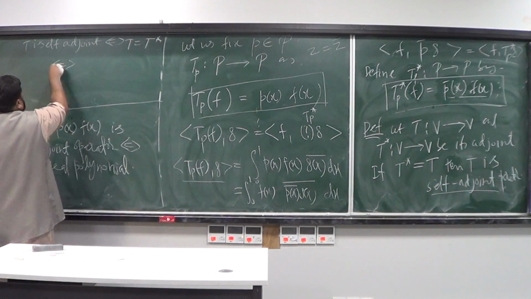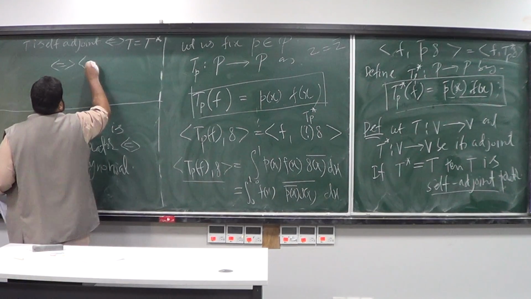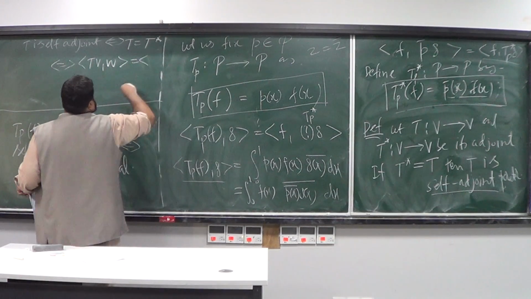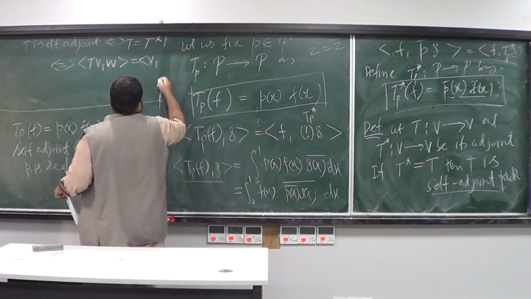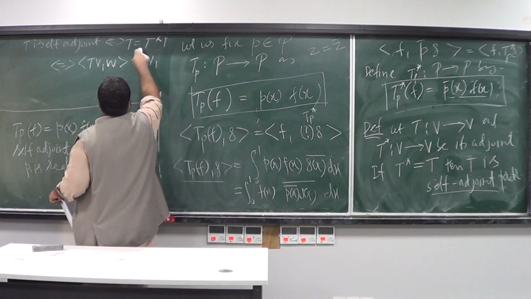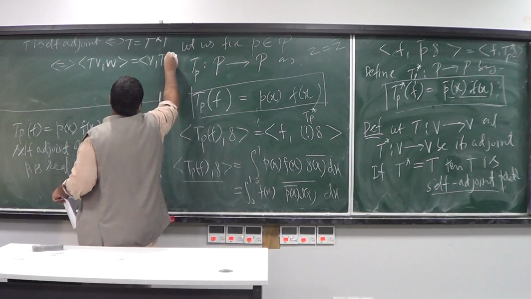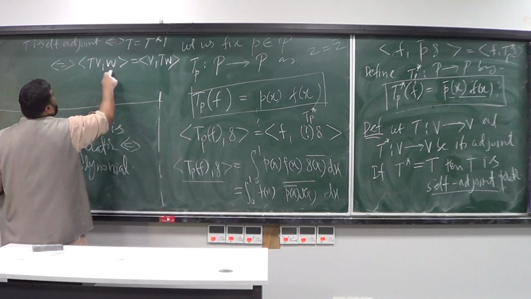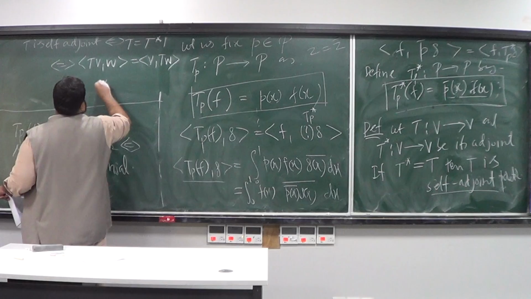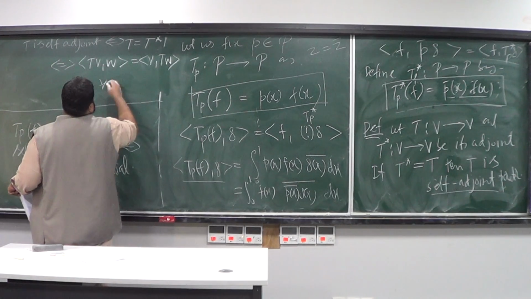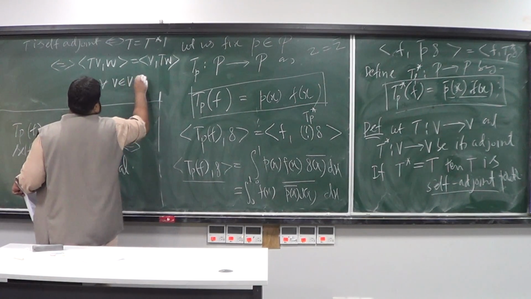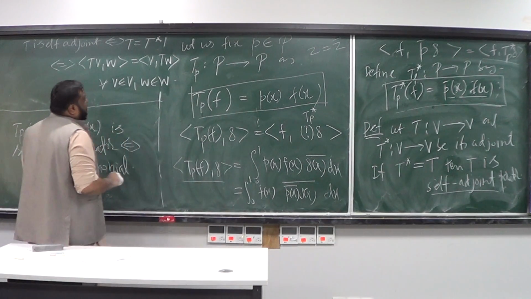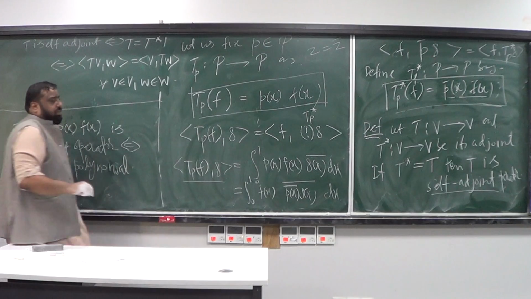But this is also true if and only if the inner product of TV and W is equal to the inner product of V and T star W, but T star W is equal to TW. So if TVW is equal to VTW for all V in V and W in W, you're going to call your operator T a self-adjoint operator.